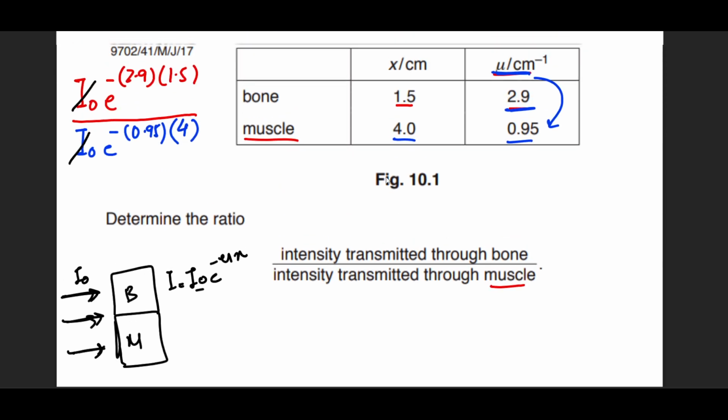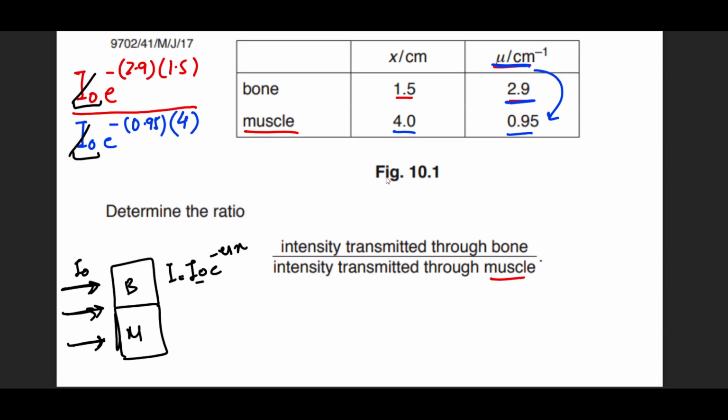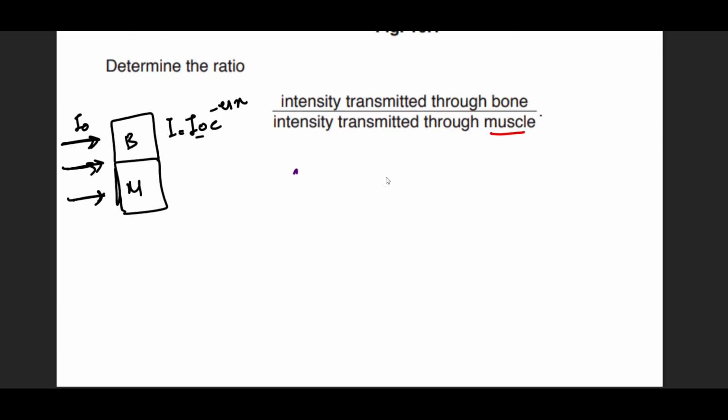That's why both are going to get the I naught factor. Whatever they received was the same for both of them. That's why it's going to get cancelled out mathematically. So you're left with just this bit of mathematics. When you calculate this, your answer is going to be 0.5769. You can pause the video and try this on your own, which will be written down as 0.58 up to 2 significant figures according to the CI syllabus.